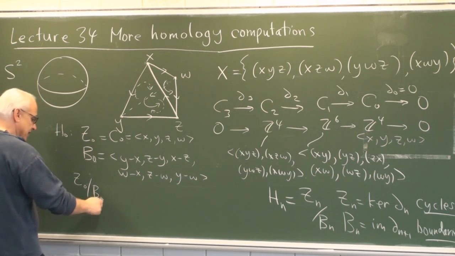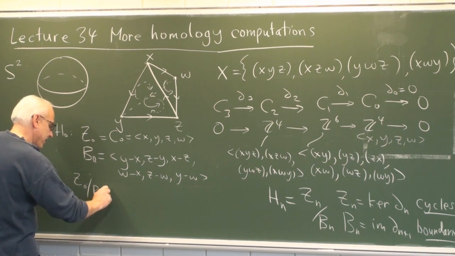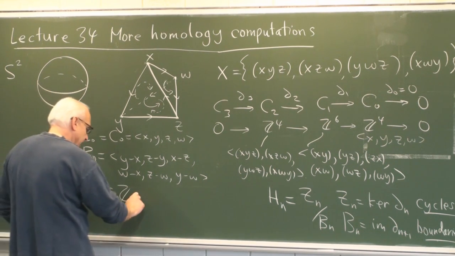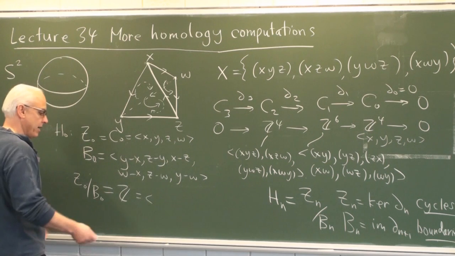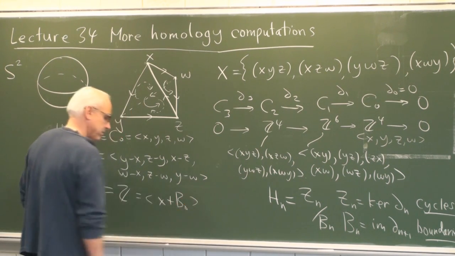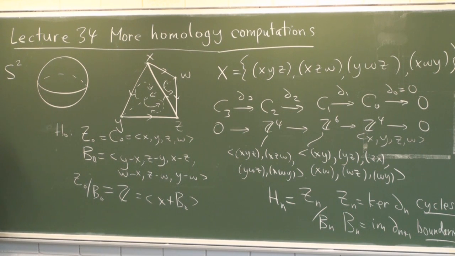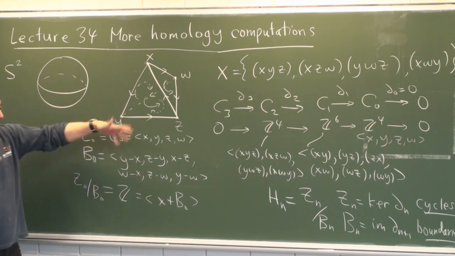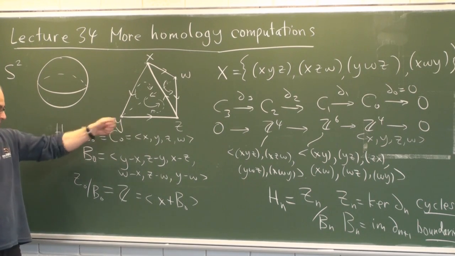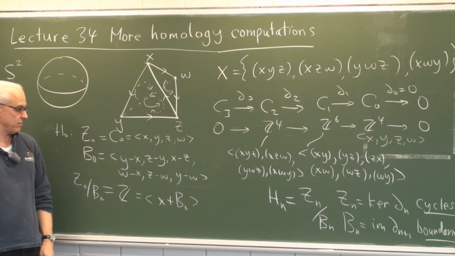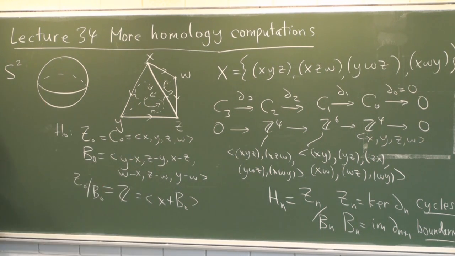So this is just a copy of Z, generated by, say, x plus B0. Everything is a multiple of x, because you can replace z with an x, and you can replace y with an x. You can replace anything with x, because these relations tell us that all 4 vertices are to be thought of as identical.